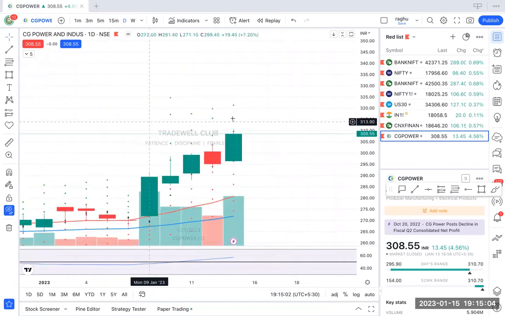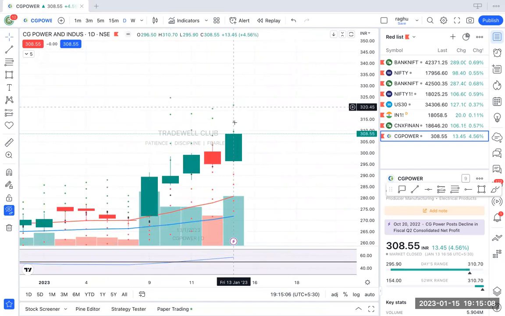If you observe, these two dots are your immediate targets. Your first target is 313, second target is 321. If there is good volume, if this stock is in my stock selection scanner, then 100% these targets will hit. This is how you need to use the CPR very profitably and fruitfully to get more out of it.